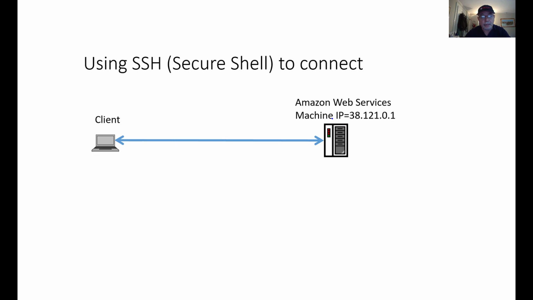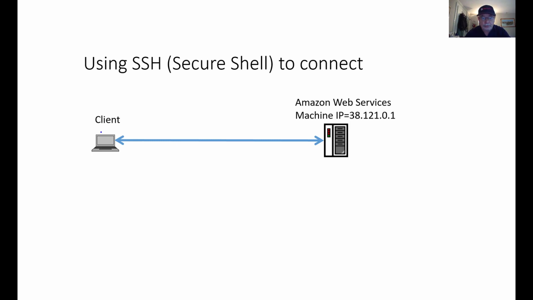This is using PKI, public key infrastructure, but we'll generate a key that will download to our client, and then Amazon will be able to check that it's us communicating with the machine. Okay, so that's what's going to happen.